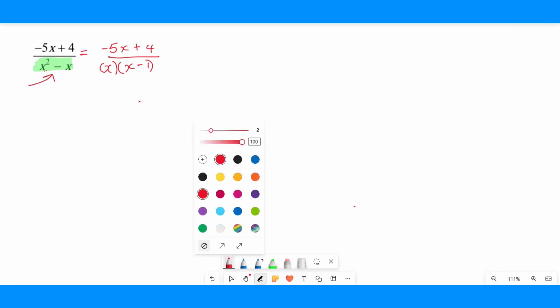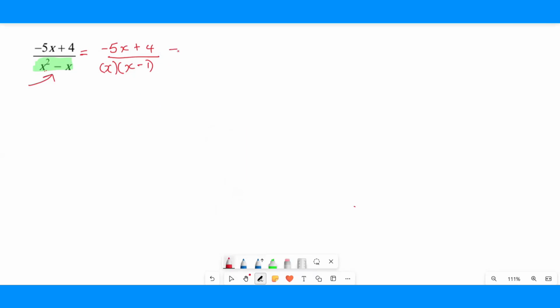So what we're going to do is set it up like this: we're going to have A over x plus B over x minus 1. As you could see, because we have a linear factor in the denominator, we have a constant on top.